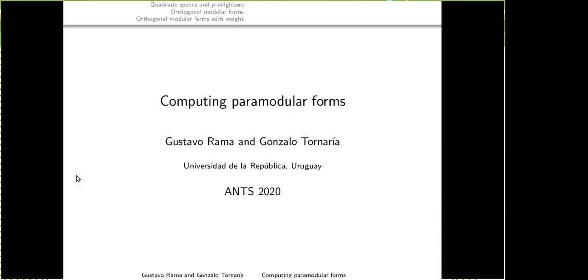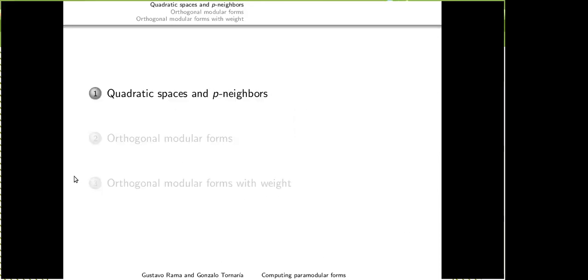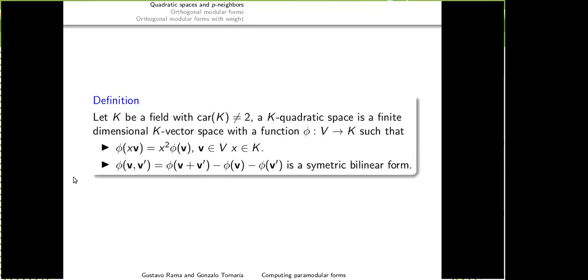Okay, so we start with the basic definitions of quadratic spaces and p-neighbors. We start with a field K of characteristic different from 2. A quadratic space is a finite dimensional K vector space with a function phi such that it's quadratic and the associated bilinear form that is presented here is symmetric.